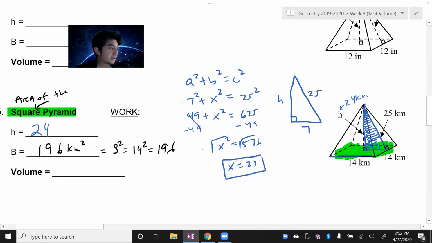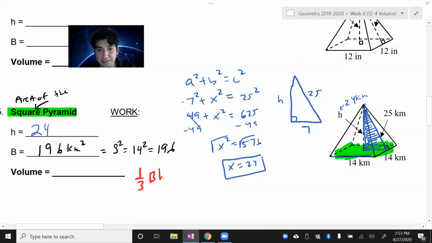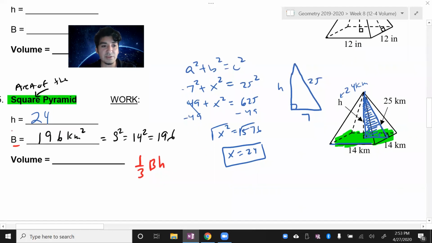Now, going back to the volume, we think of it as 1/3 base times height, and we have both parts we need. So 1/3, my base is 196, and my height was 24.